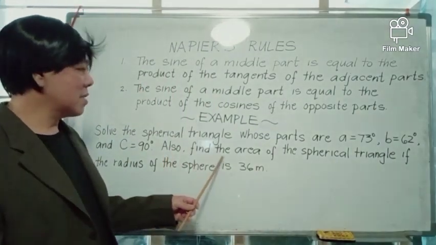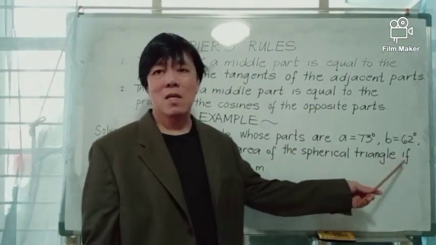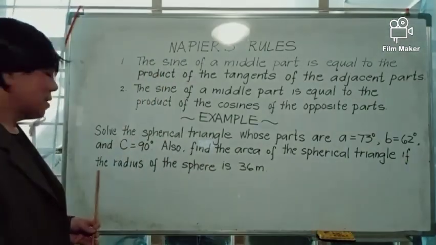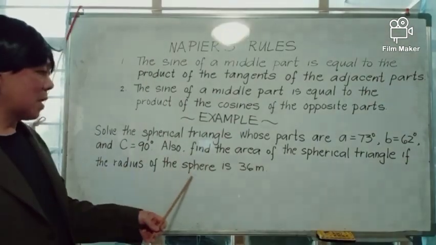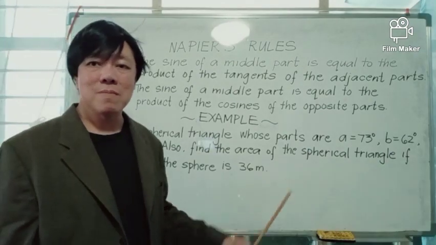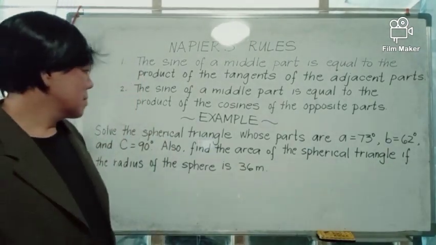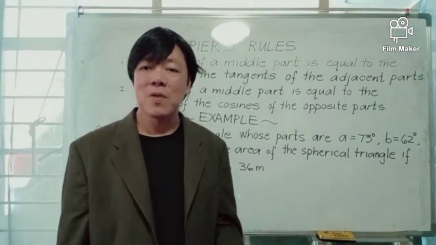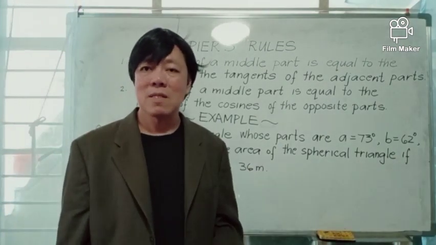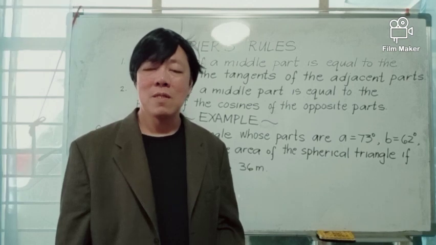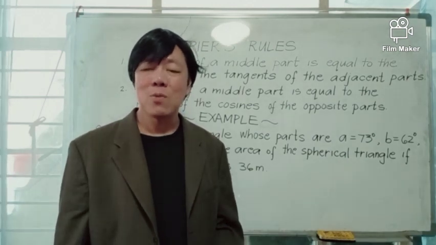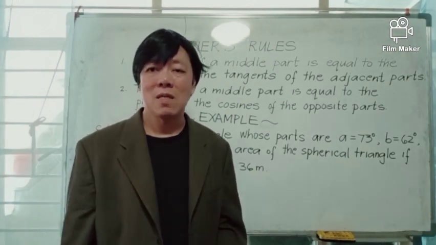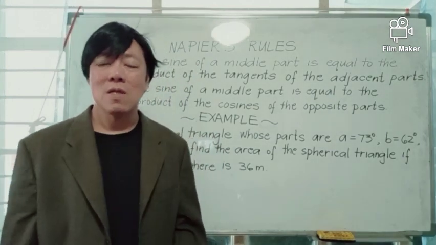Also, find the area of the spherical triangle if the radius of the sphere is 36 meters. To find the area of the spherical triangle, we have to find first the spherical excess. That is the difference between the sum of the three surface angles and 180 degrees.